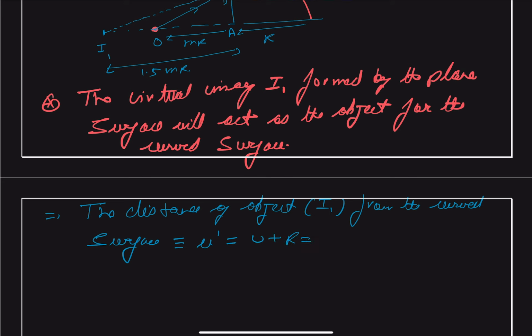V is our minus 1.5 times mr, and this is our plus r. So we are going to get this as r times (1 minus 1.5 times m).